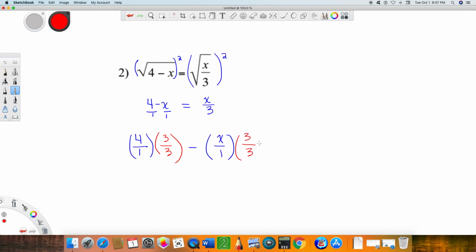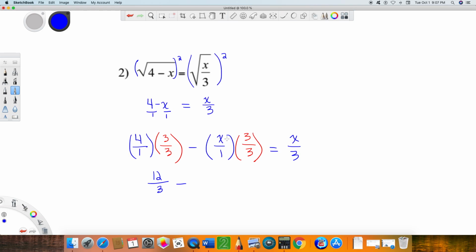All we're doing is multiplying by the number 1, so we're not changing the problem. And this fraction already has a denominator of 3. So when you multiply fractions together, it's very easy. You just multiply the numerators together. 4 times 3 is 12. And you multiply the denominators together. 1 times 3 is 3.